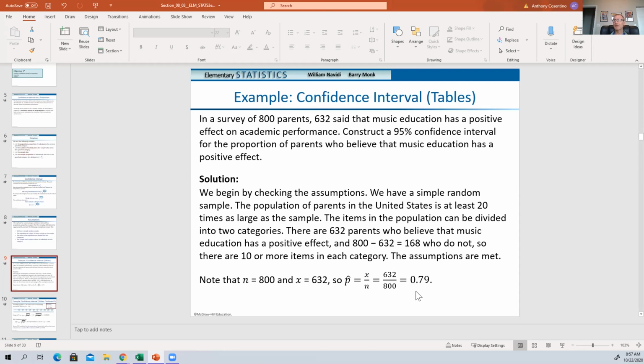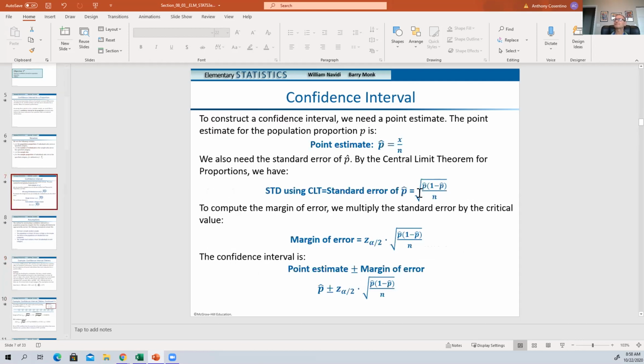And so the question is, let's generate a 95% confidence interval. What is the high end of that positivity rate, and what is the low end of the positivity rate? We need to find that margin of error. Here's our point estimator, which we think about as our mean. And this is the central limit theorem standard deviation for proportions.